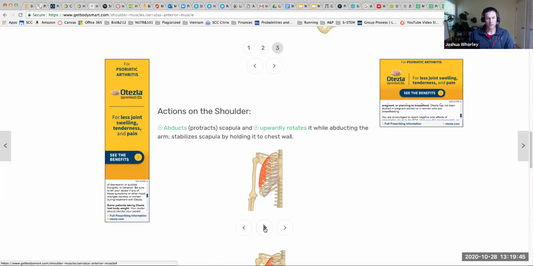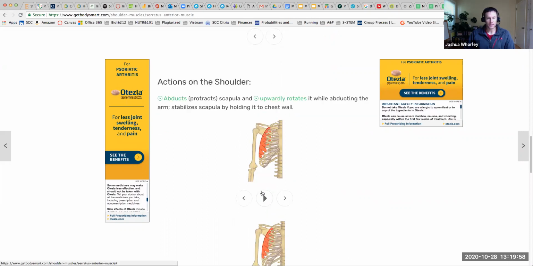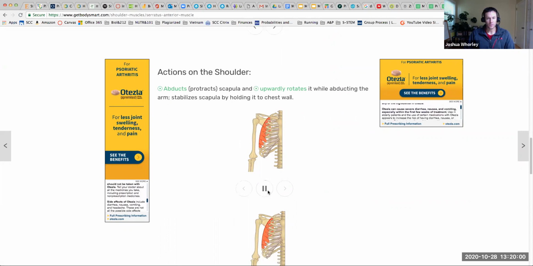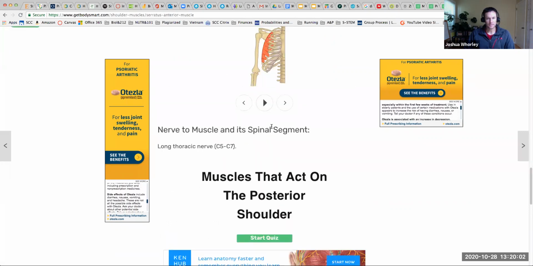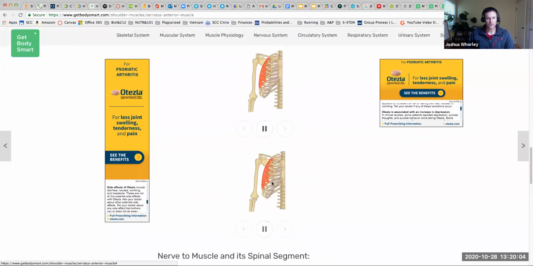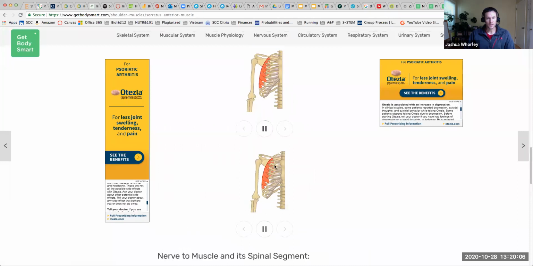So this is helping to abduct the scapula. So it can pull it out. So abduct rather than adduct or retract, but sort of protracting. There it is, moving it out. And here's another look.